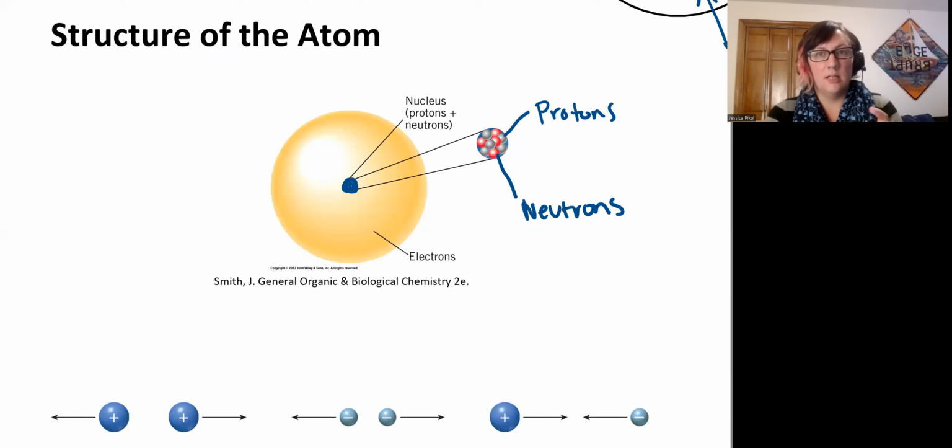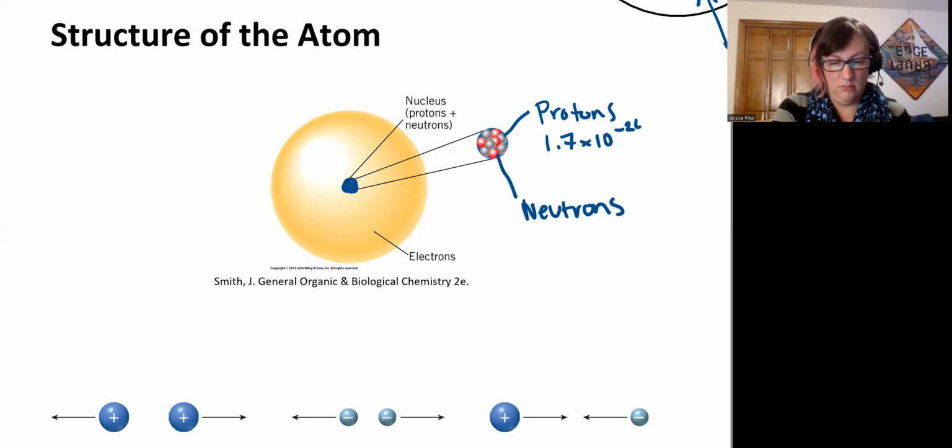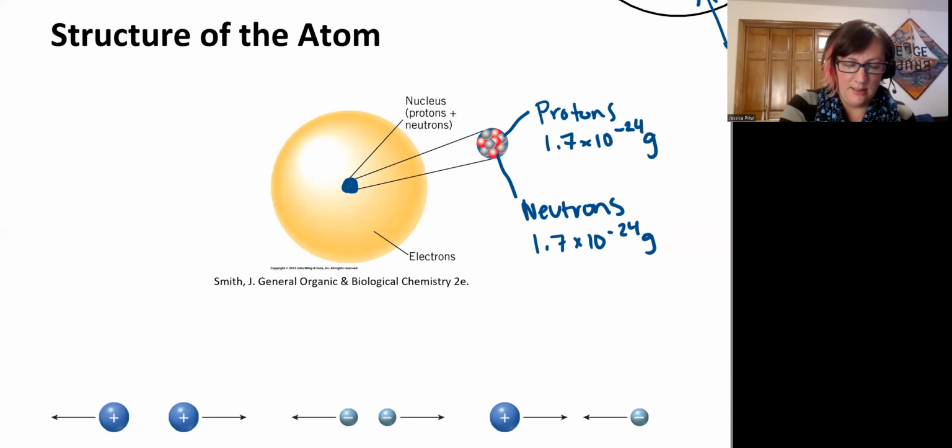Our protons and neutrons have about the same mass. There's a slight difference, but it rounds to be the same number. They're each 1.7 times 10 to the negative 24 grams. So it's super tiny, and that's just each proton and each neutron. If I was going to actually write that out, it would be 0.